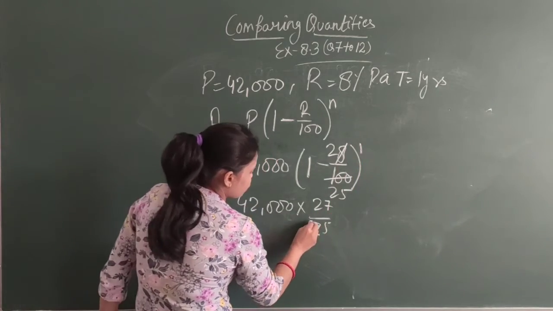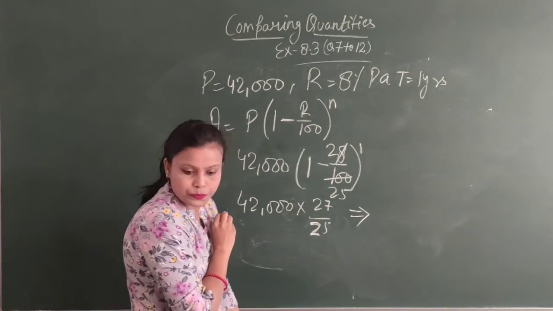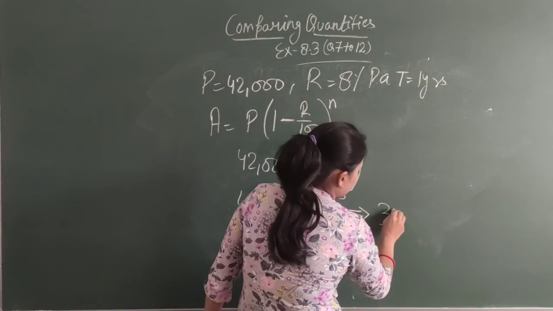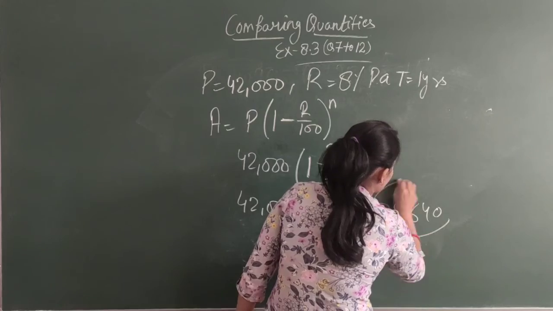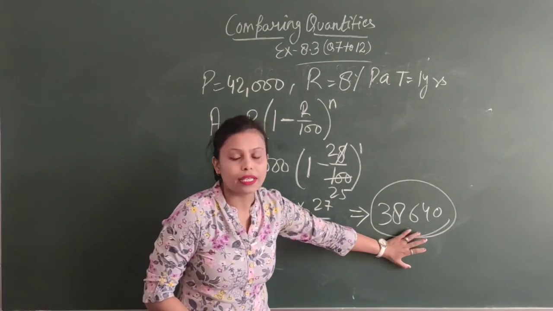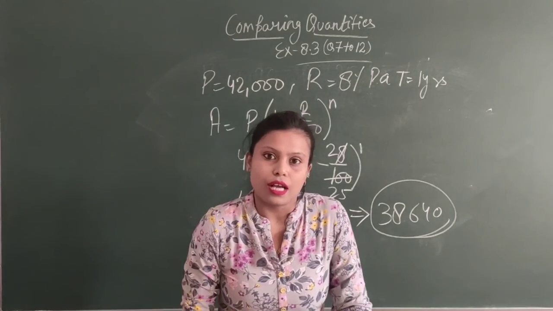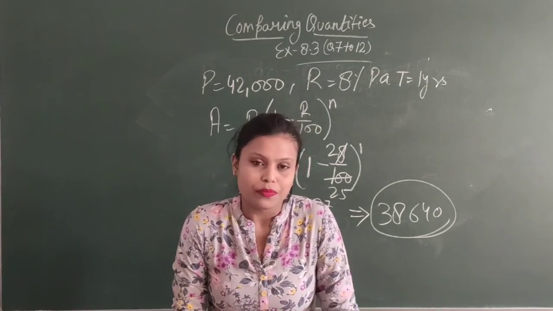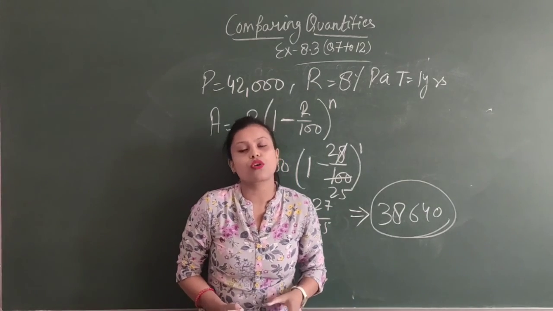Power is 1, so this will remain the same. So on solving, we will get 38,640 rupees. This is the amount after 1 year, after the decrease in the value of the scooter. Alright, so this was your exercise 8.3, which was based on interest.